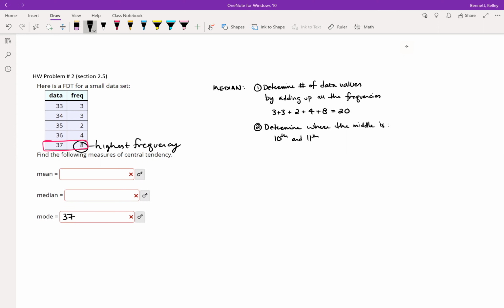There are two ways you can attack this. Option A is you locate the 10th and 11th values from cumulative frequency.